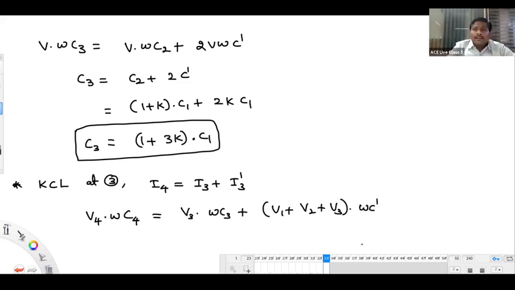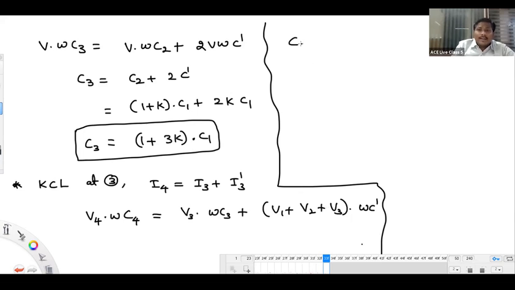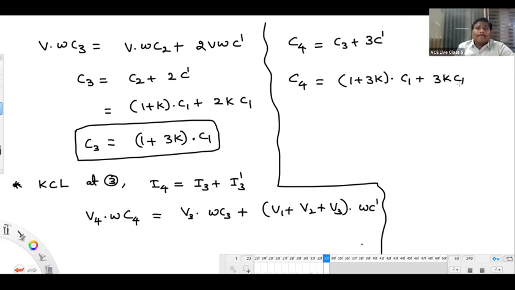Now you can rewrite this: V omega C4, V omega C3, and 3V omega C dash. You will get C4 equals C3 plus 3C dash. C3 is 1 plus 3K into C1, plus 3C dash, which is 3K into C1.